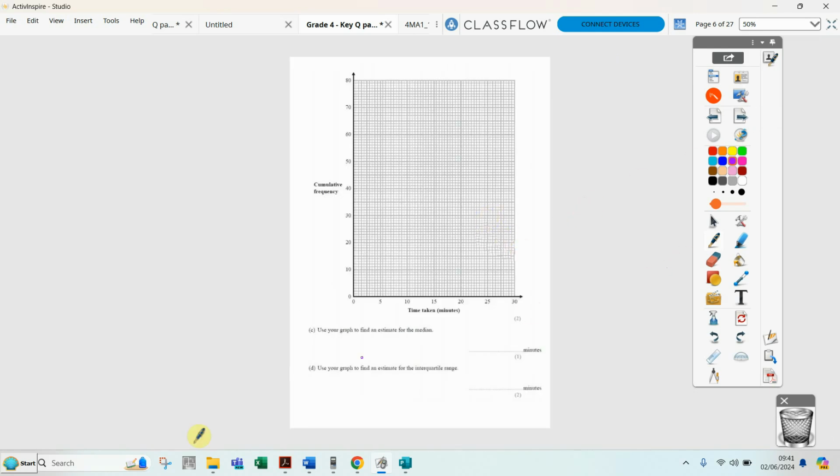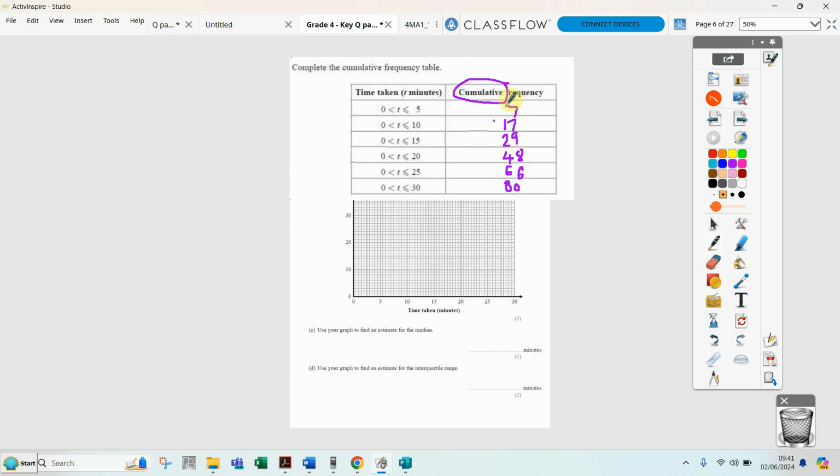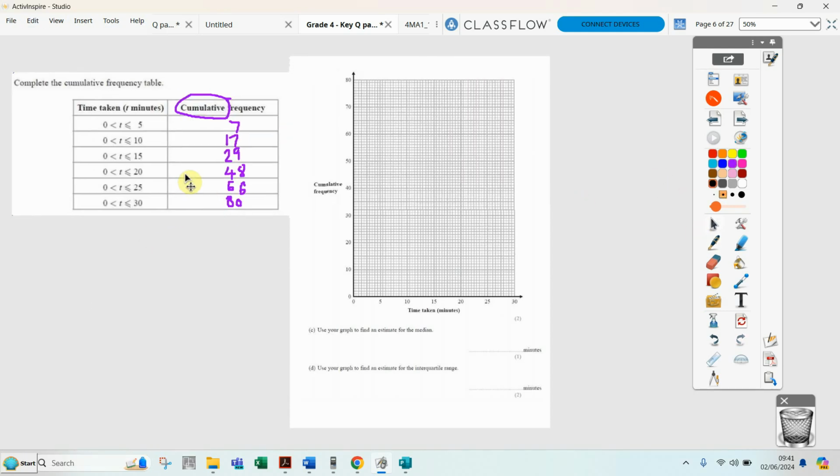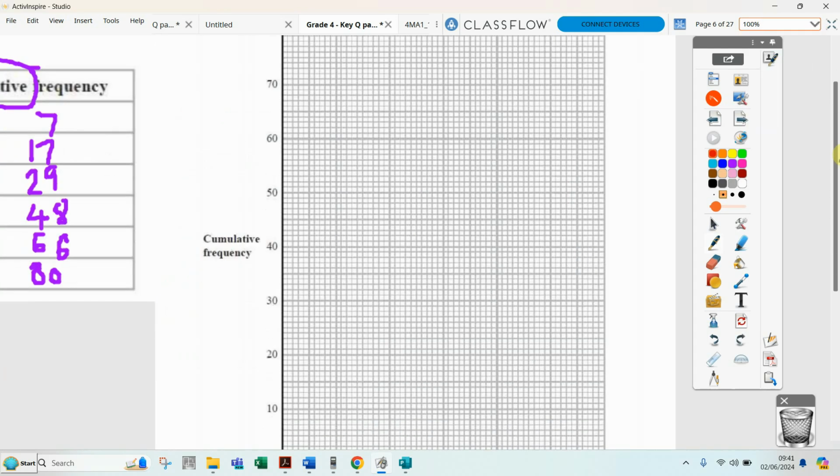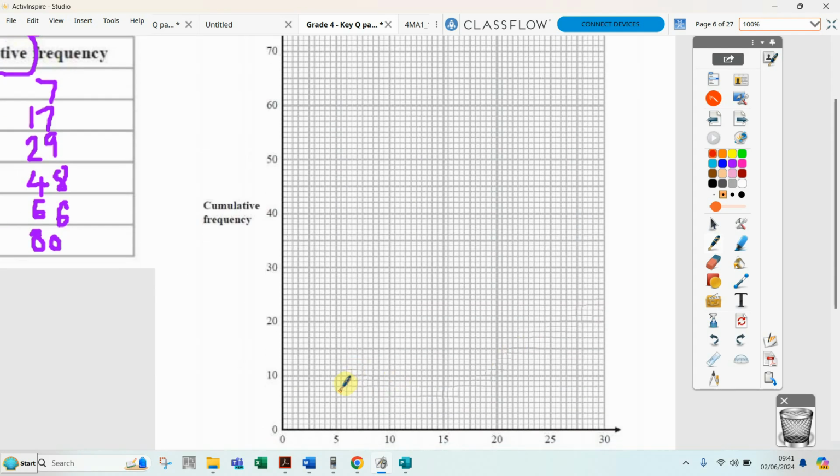Okay. Where do you plot the points? We'll plot the points at the end points. So we go across to 5, then up to 7. Okay, let's take a look. So across to 5, up to 7.